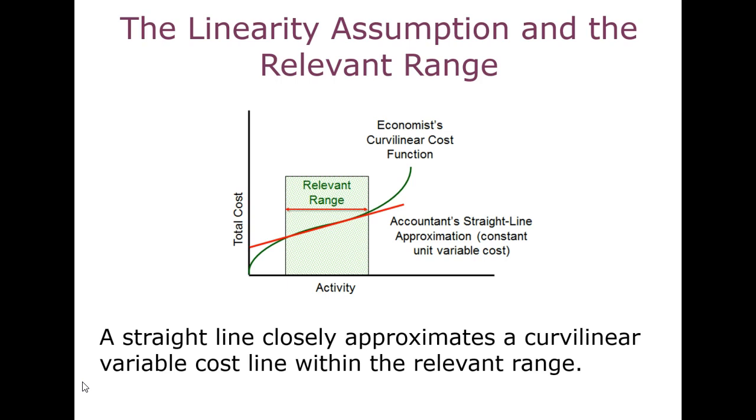You'll see that in economics, but we're going to worry about the red line here. And this is a straight line for us within the relevant range. So we're going to cut off either side of that and deal with a relevant range, and we're going to assume that, for example, our cost per variable cost unit is the same. So the cost per unit is the same, so therefore we can plot a straight line for the cost within the relevant range.